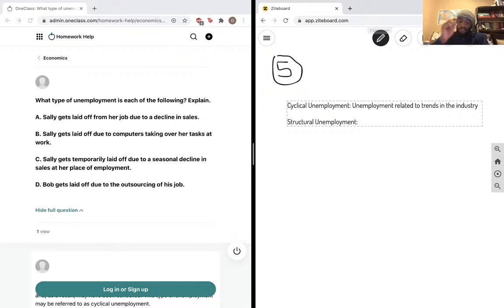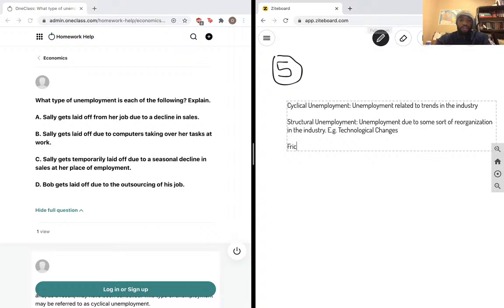And this is unemployment due to some sort of reorganization in the industry. For example, technological changes.